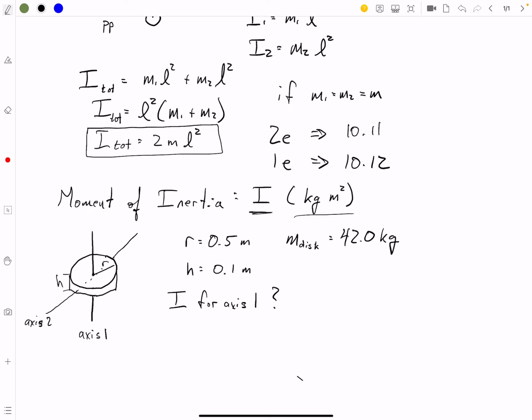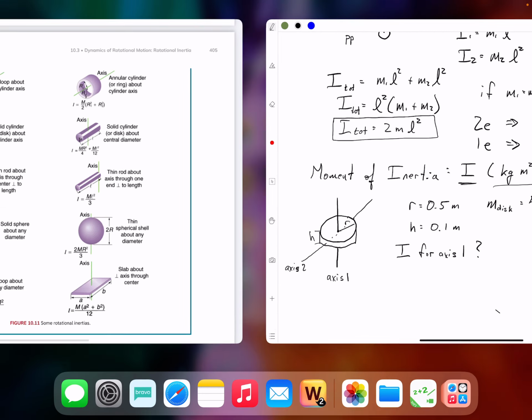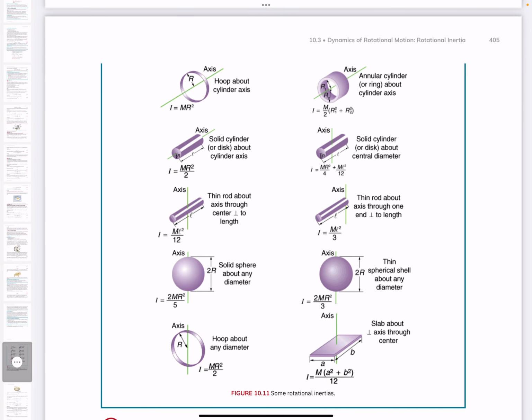That's the question. So we go to our cheat sheet. Let's go to our cheat sheet here. And we've got axis 1. I know it's not easy to tell, but it's the top left, second one down. We've got I = MR squared over 2.